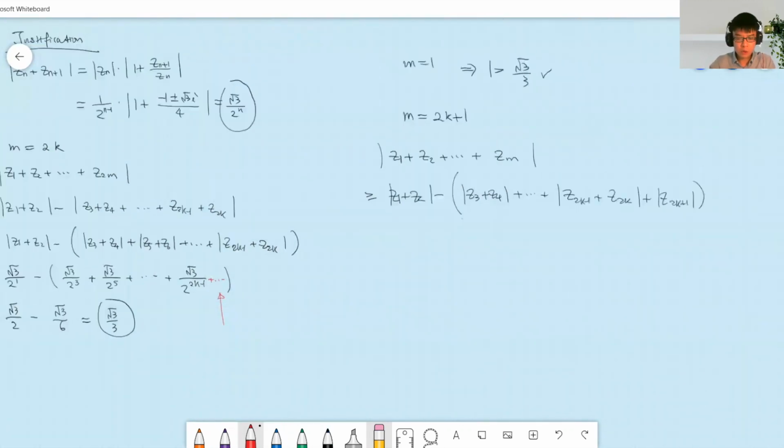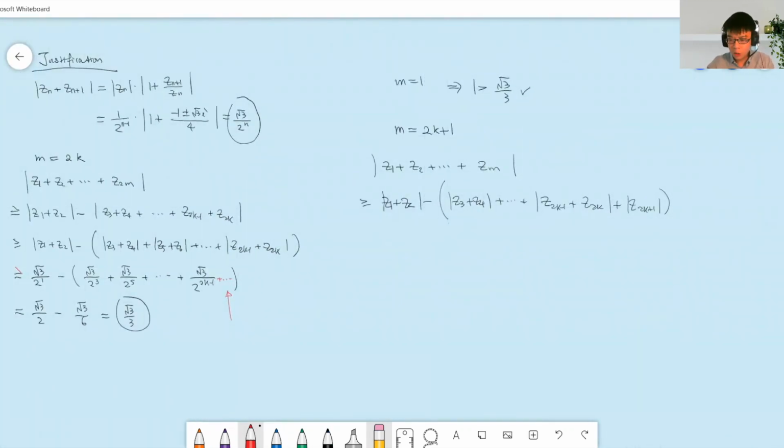Here, let's compare these two computations. The new term is this z 2k plus 1. We try to compare the modulus of this z 2k plus 1 and this added term here. And if that can be bounded, we're good enough.